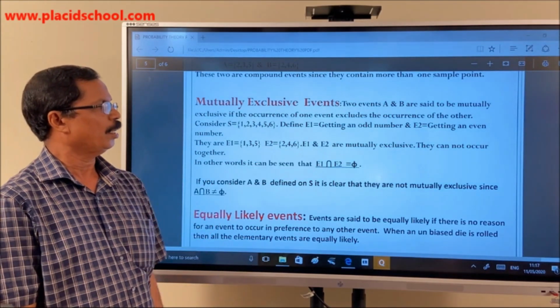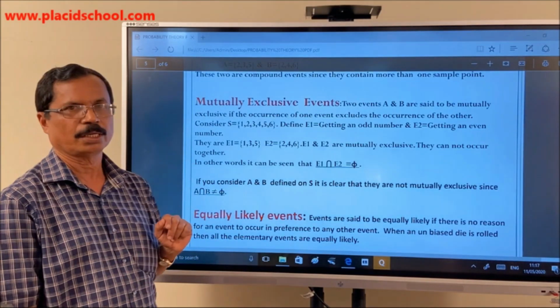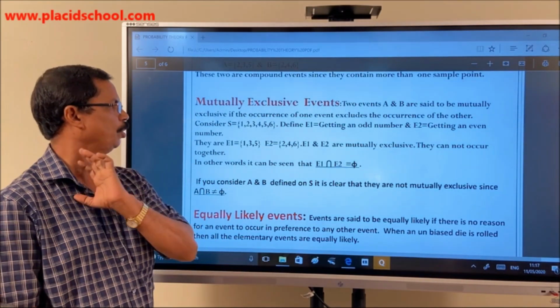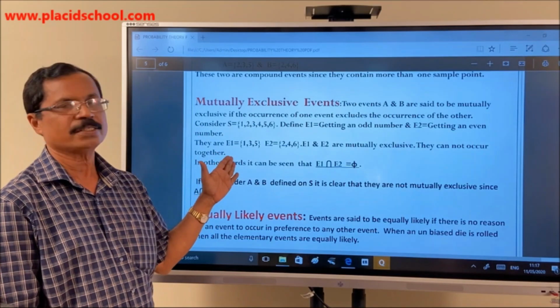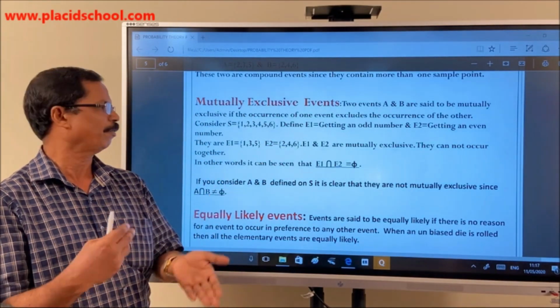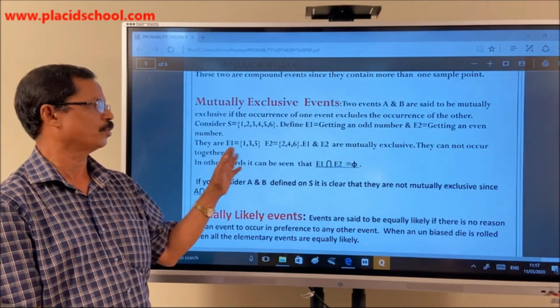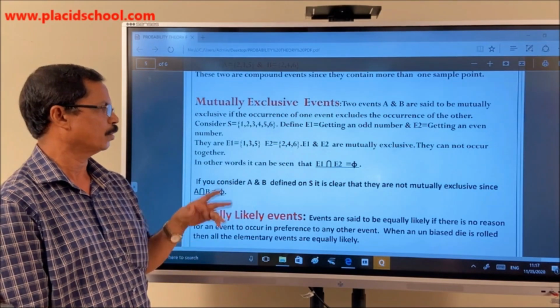E1 and E2 are mutually exclusive. They cannot occur together. That is the importance of mutually exclusive. If E1 occurs, then it excludes the occurrence of E2. Otherwise, if E2 occurs, then it excludes the occurrence of E1. So they are known as mutually exclusive.